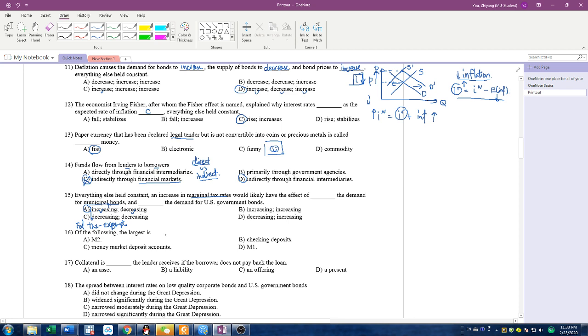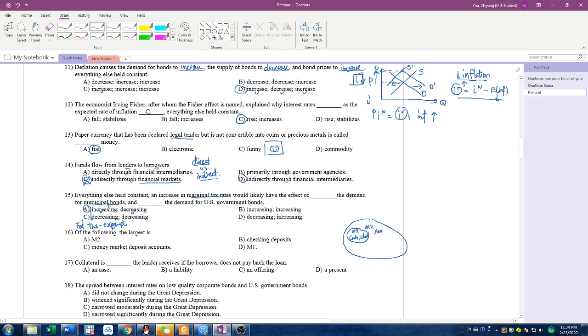Of the following, the largest is what? Okay, so let me remind you with this graph. Basically, we have a small M1, which includes cash and checking deposits. And notice that M1 is always part of M2. We have some other stuff.